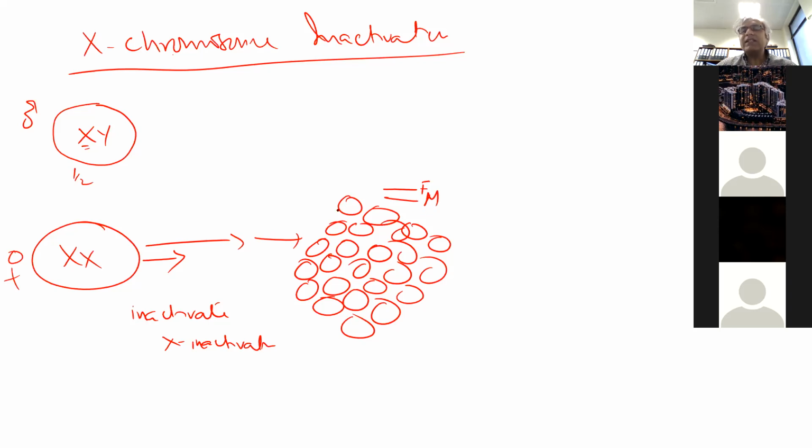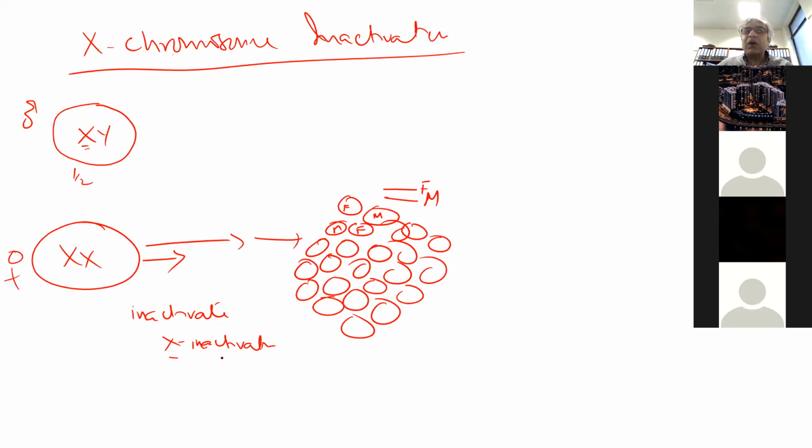So it's a random process. It can be father's copy active or mother's copy active. F means father copy is active and mother's copy is silent. Mother's X is inactivated in this baby. Here, mother's copy is active, father's is silent.